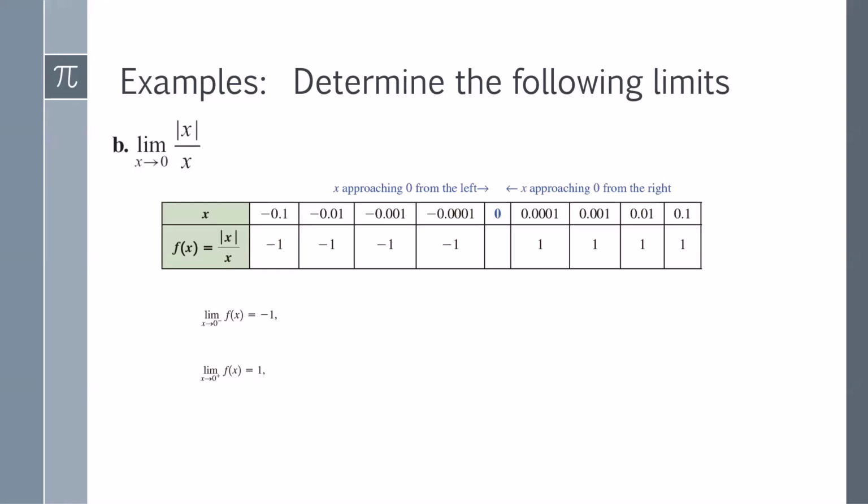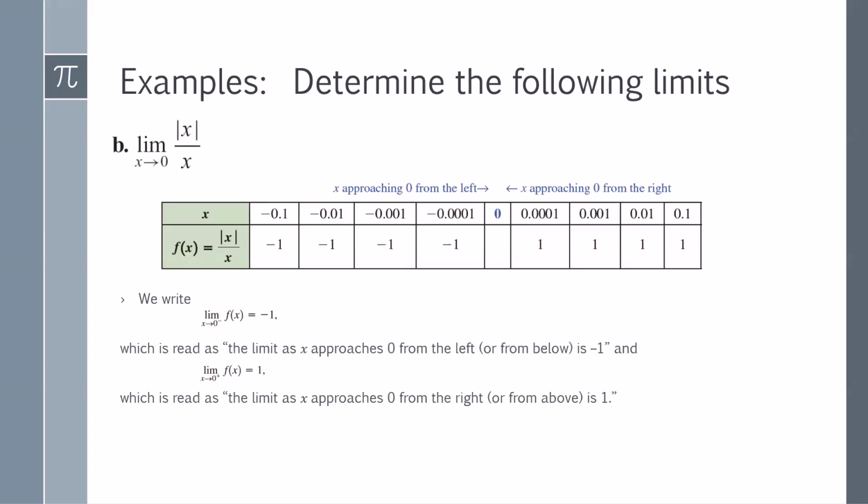For values of x a little bit bigger than 0, our values of f of x look like they're all 1. And so we would write the limit as x approaches 0 from the left of f of x is equal to -1, and the limit as x approaches 0 from the right of f of x is equal to +1.